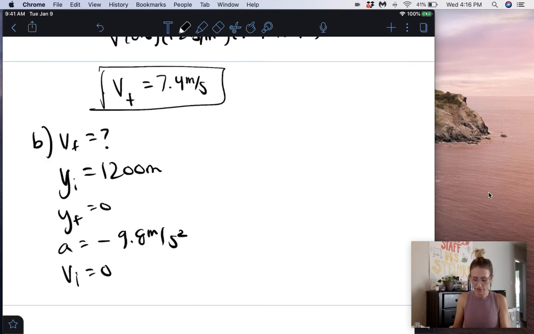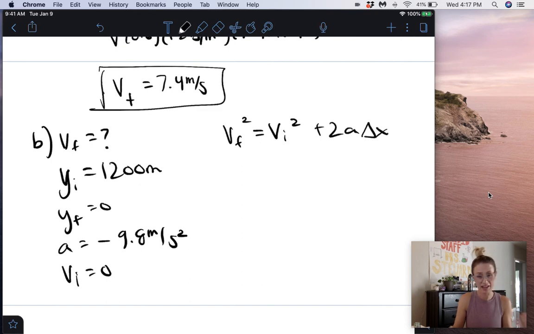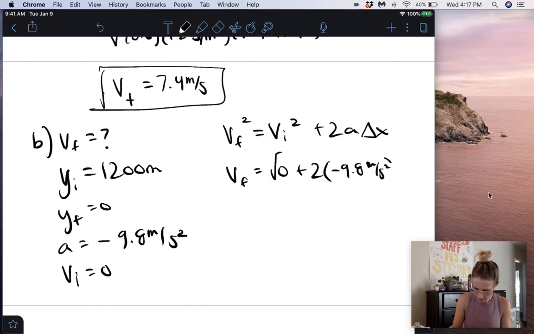So with all this information, we can use final velocity squared is equal to initial velocity squared plus 2 times acceleration times delta x, or delta y in this case. So we get final velocity is equal to, square rooting both sides, the square root of 0 plus 2 times a negative 9.8 meters per second squared times a negative 1,200 meters.